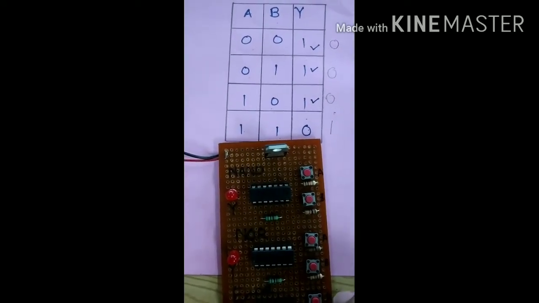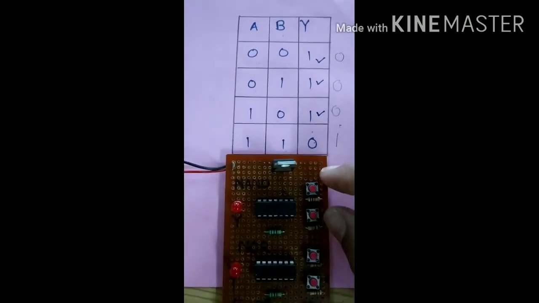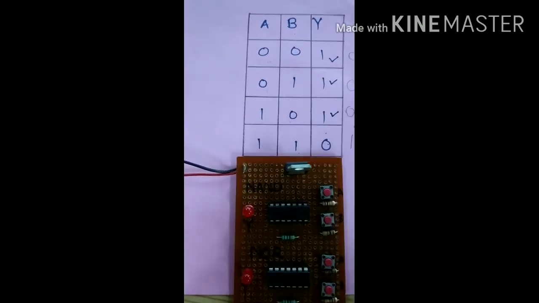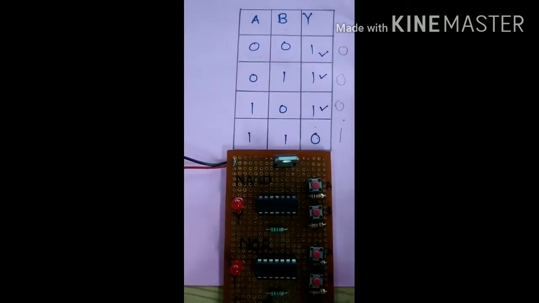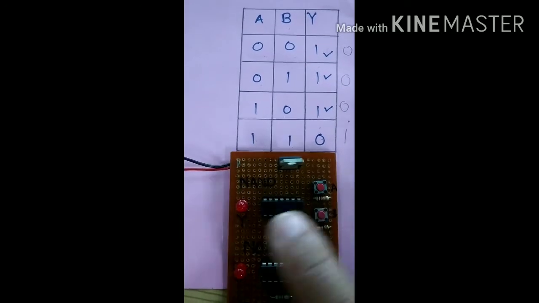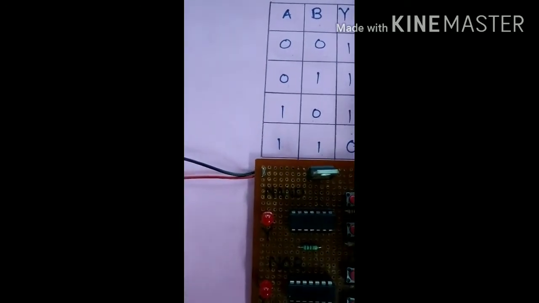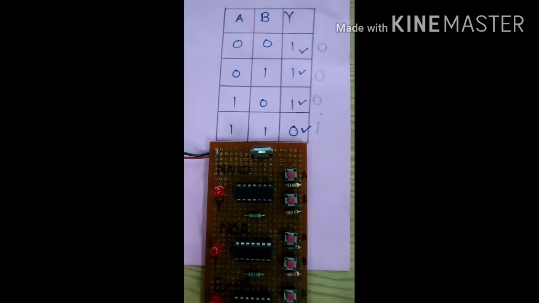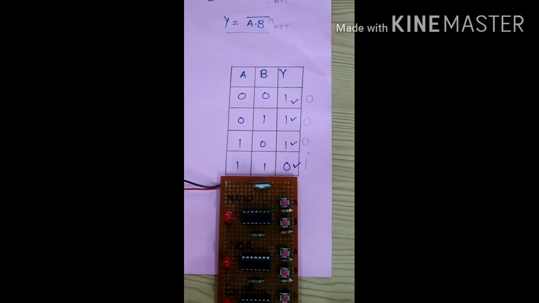Now last condition we have to verify. So 1 1, that means both the switches at rest condition are 1. So when inputs are 1 1, LED is off, that means 0. So last condition is also satisfied. In this way, I verified the truth table of NAND gate satisfactorily.